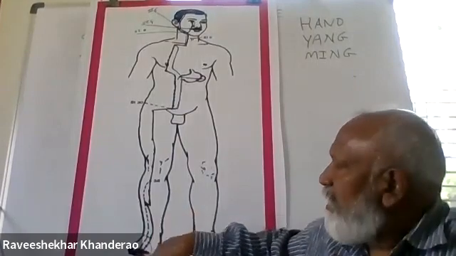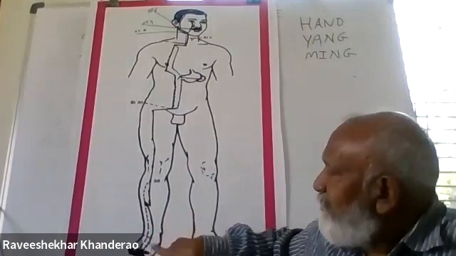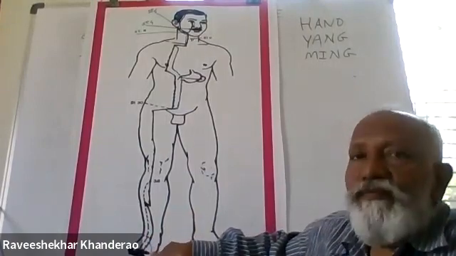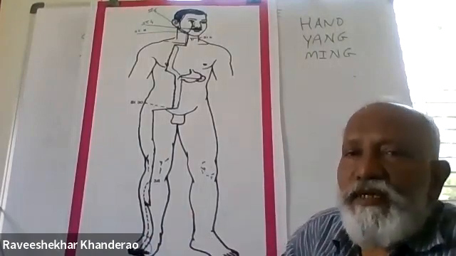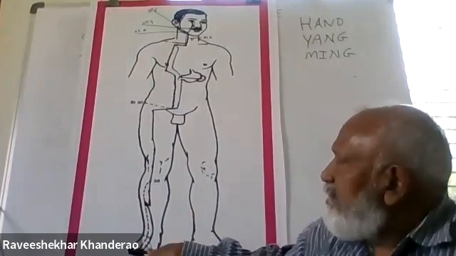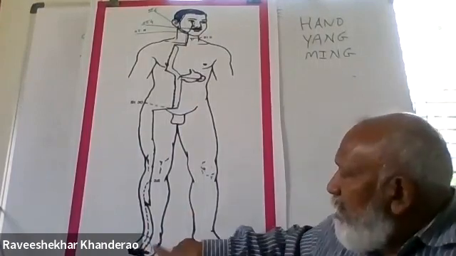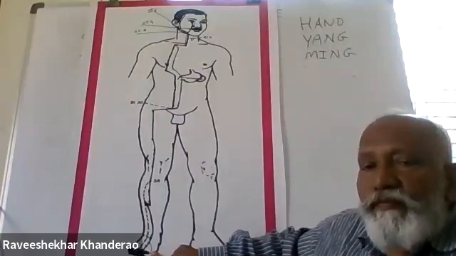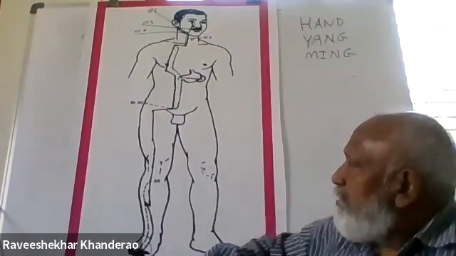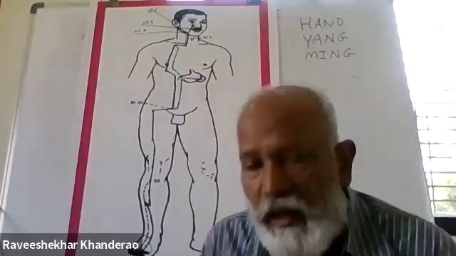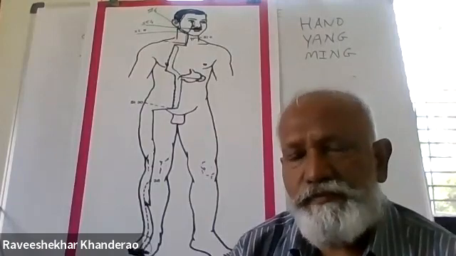What is the Chinese name of the spleen meridian? Foot tie-in meridian. Okay, it meets the foot tie-in meridian at the medial corner of the big toe. Have you understood which meridians we have done today?